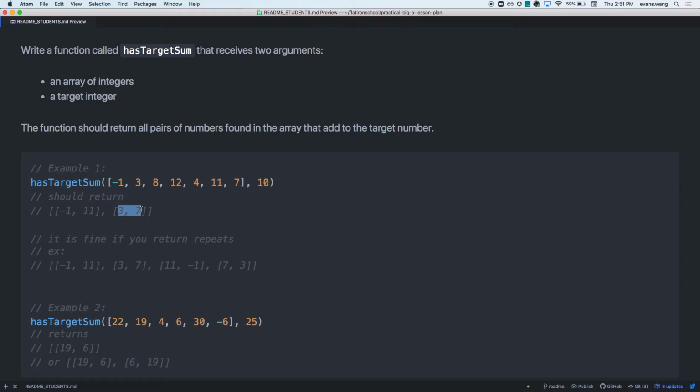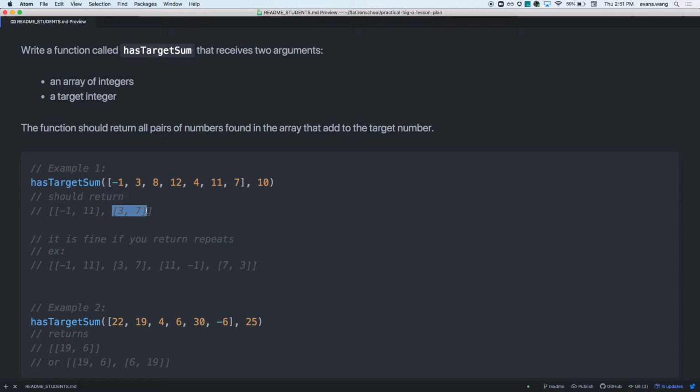Some important questions to ask are: are duplicates okay? And are the arrays 3 and 7 and 7 and 3 considered different arrays? Because you can have those combinations. Those are questions you should be asking when you're in this interview.